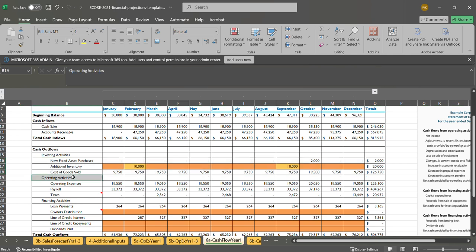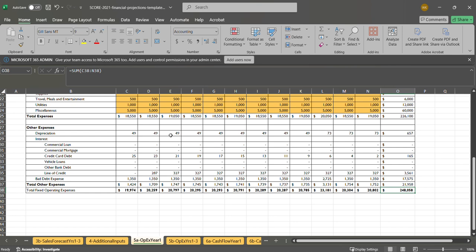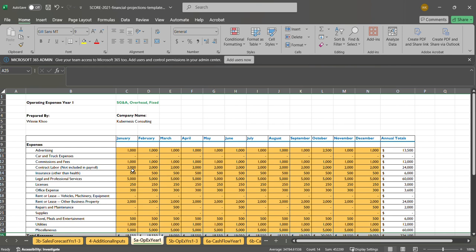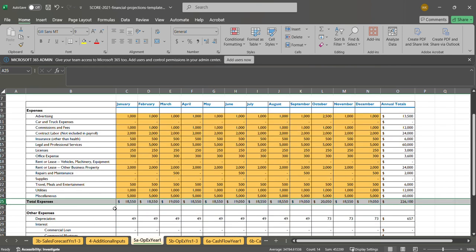Now moving on to the next section, which is operating activities. So these come from the prior tabs that we completed. So operating expenses here, these are the total expenses for all of these operating expenses.